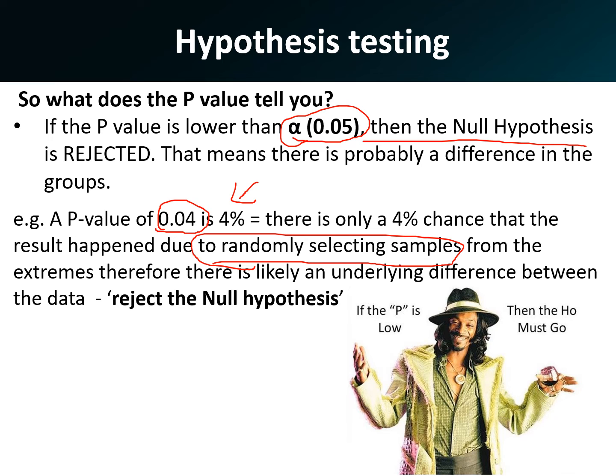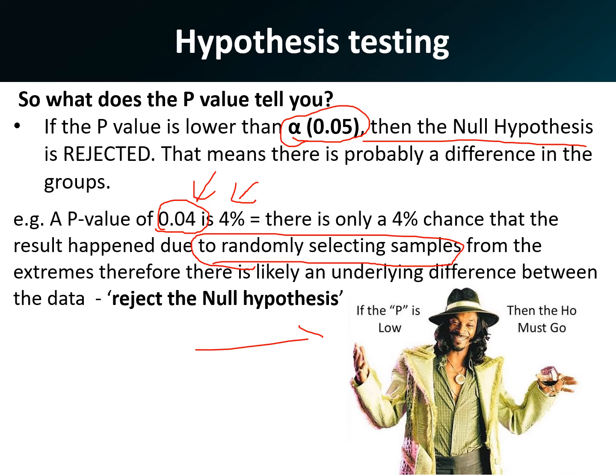So whether there's a difference in lung capacity or not based on smoking, by choosing those extremes, you can falsely be confident that there was a difference when there's not. But that's why we go to such an extreme. That's why we go to such a high level of probability before we claim that there is a difference.